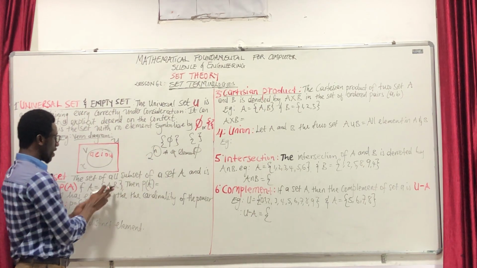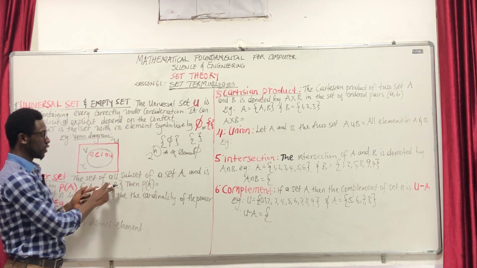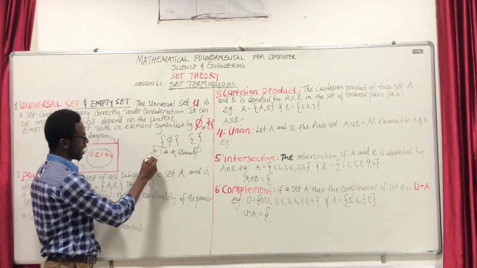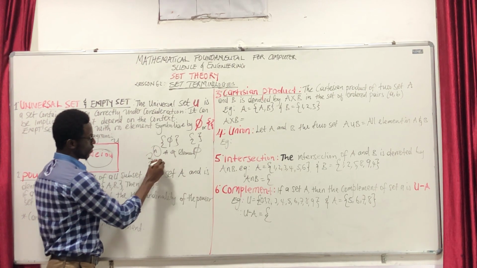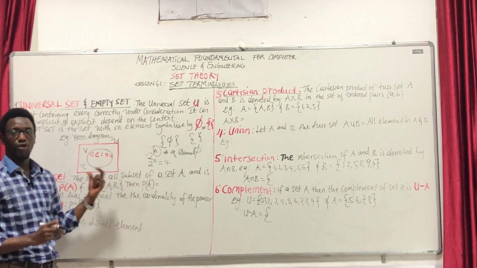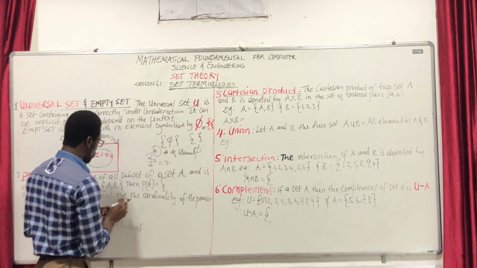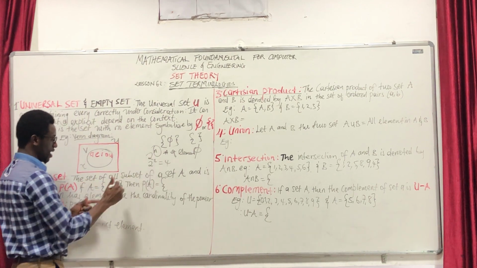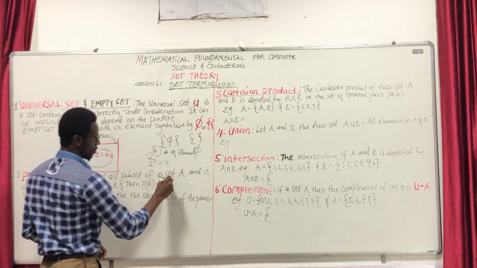Okay, so how many elements do we have here? 2 elements, A and B. If you use this formula, 2 to the power n, which is 2 to the power 2, will be 4. So it means the power set of A will have 4 elements. Now if we solve this one using this formula, we have A, just 1.